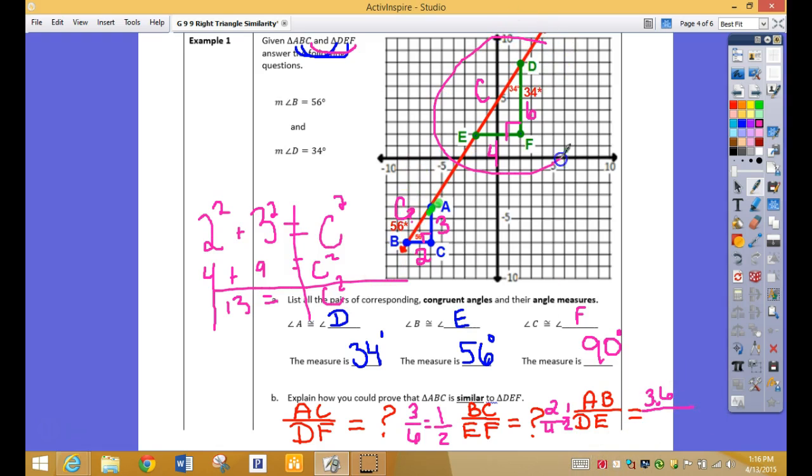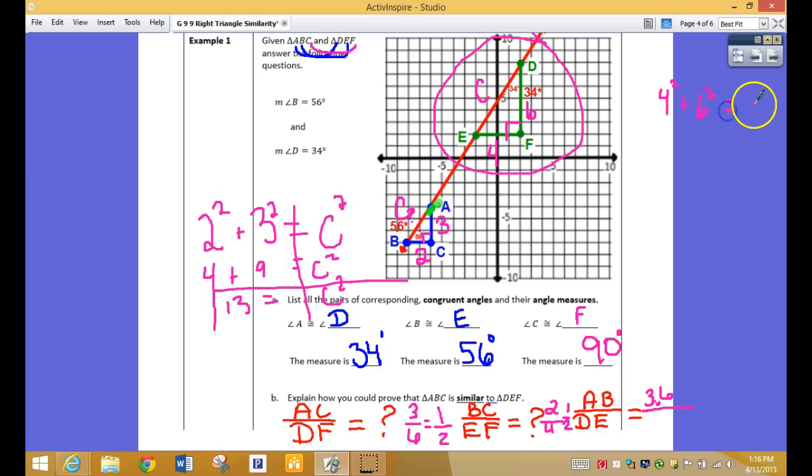Now let's go up here and do this one. What do I have? 4 squared plus 6 squared equals C squared. What's 4 squared? 16. What's 6 squared?